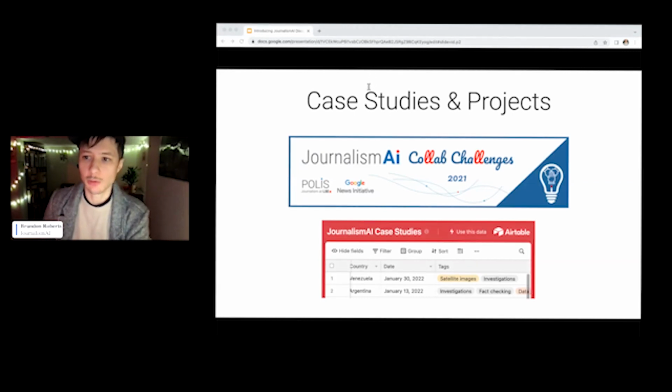In addition to resources like the report that I just talked about, Journalism AI runs a set of collab challenges, which is where newsrooms from all over collaborate on projects, 6-month projects to create an AI journalism prototype.